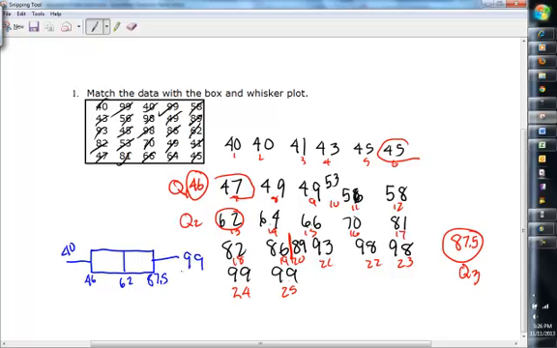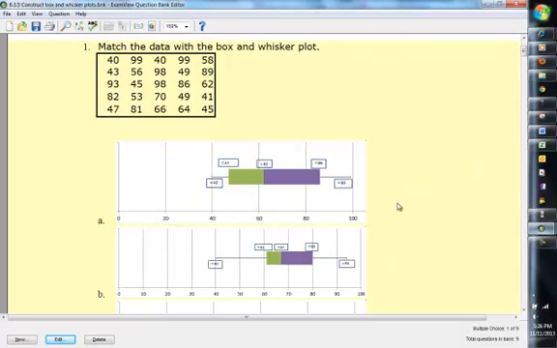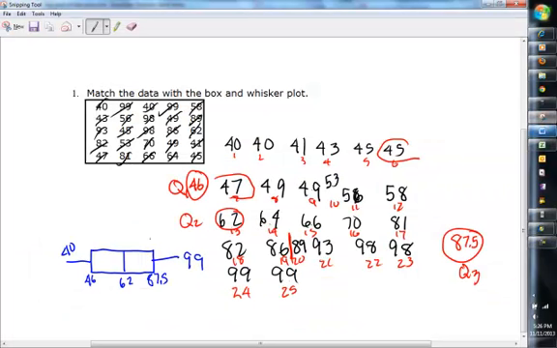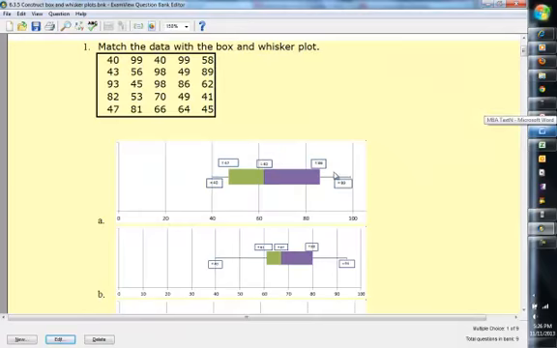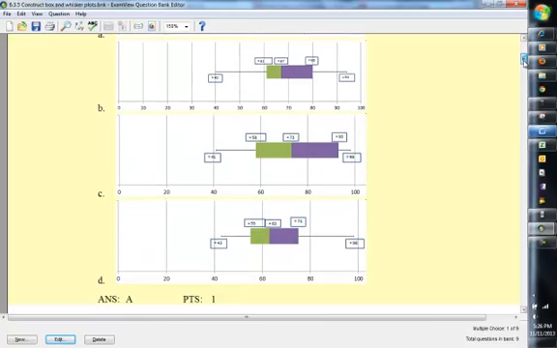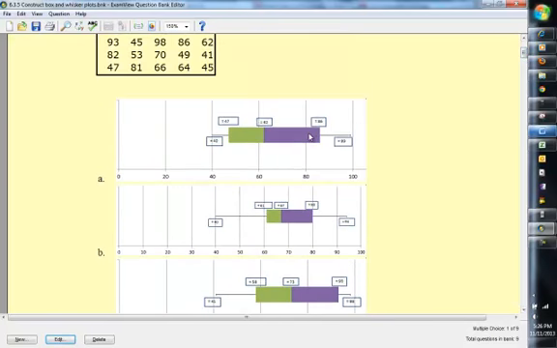So we're looking for a box and whisker plot that looks like that, 40 to 99, 47, 62, 86. Looks like that one right there, doesn't it? 46, 62, 87.5. Well, they say 86. See if there's one that fits better. Nope, that's the one.